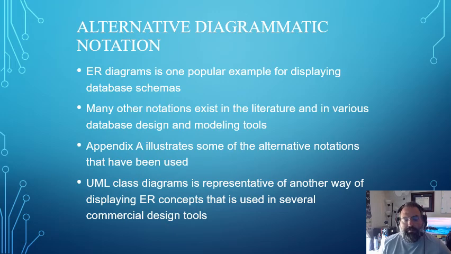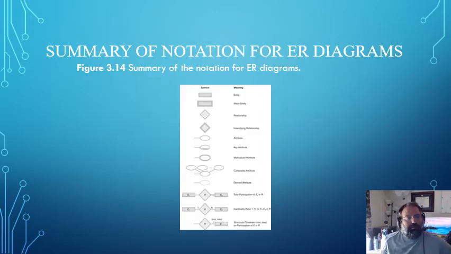UML class diagrams are another way of displaying ER concepts that is used in several commercial design tools. Although generally speaking, you don't see a whole lot of ER diagrams going on in database design. Here's a summary of the notation of ER diagrams. Revisiting, I believe we've seen this before.